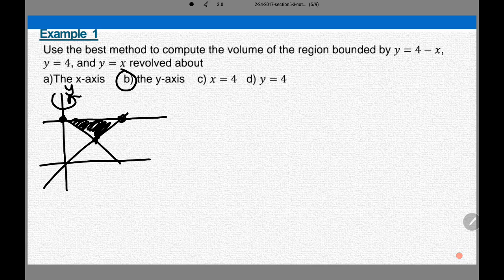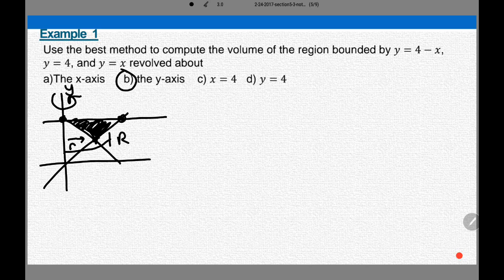Now, we got to decide again, are we going to use washers, disks, or shells? Since we've got these two lines that change the distance away from the y-axis, it's actually going to be best to use the washer method in this case, because we'll have a little radius to this line and we'll have our big radius out to this line being the capital R. So it's actually best to integrate with respect to y and use the washer method, since if I try to do shells, our radius varies.